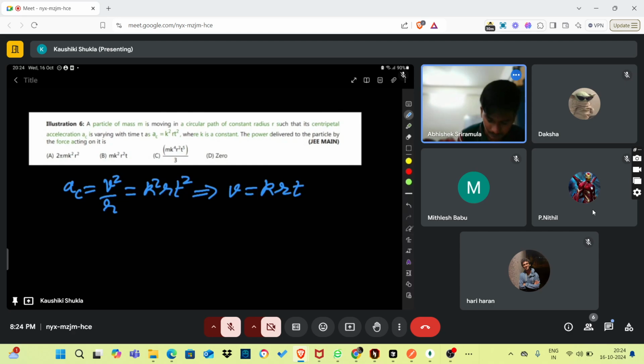v equals k r t, right? If you look at the path of the body, let me draw a better circle.